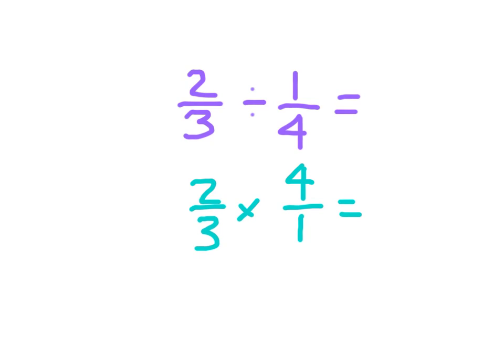What are we going to do next? Multiply the 2 times the 4 to get 8, and the 3 times the 1 to get 3. Are we done? Nope. We still have to simplify. What is the simplest form of 8/3?